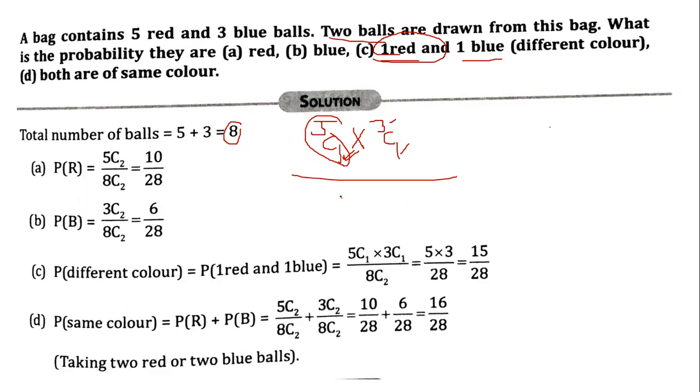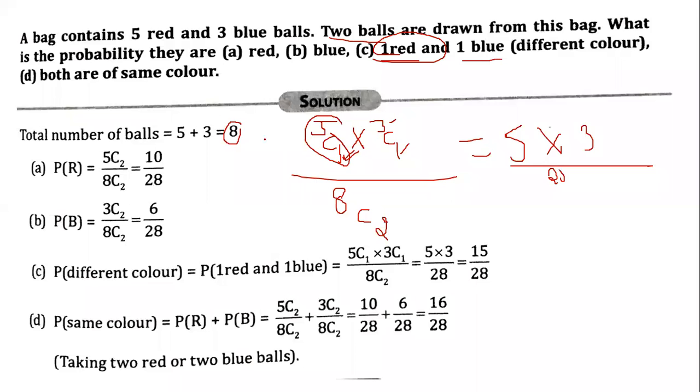There are 8 balls from which I am supposed to select 2 balls. These 8 balls have both red as well as blue, and adding them together is what is called 8C2. Now 5C1 is nothing but 5, 3C1 is 3, divided by 8C2, which is 28.